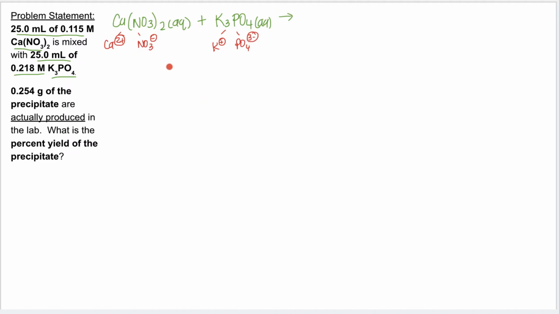So now we're in good shape because we can now predict the new combinations that'll form. We see that this calcium, Ca2+ ion, will seek out the phosphate ion, and when they come together, we'll need 3 of these calciums to balance out 2 of these phosphates if we want the charge to balance out. So we're going to write it as Ca3(PO4)2.